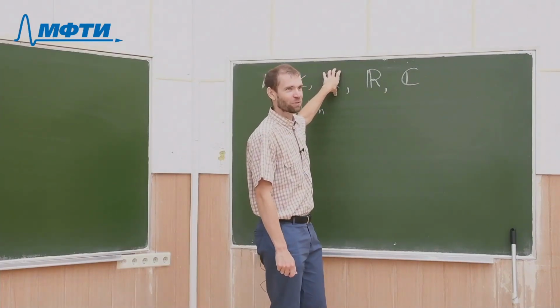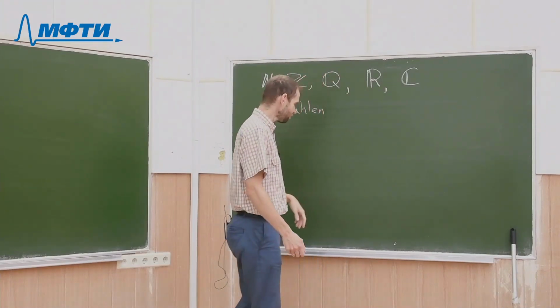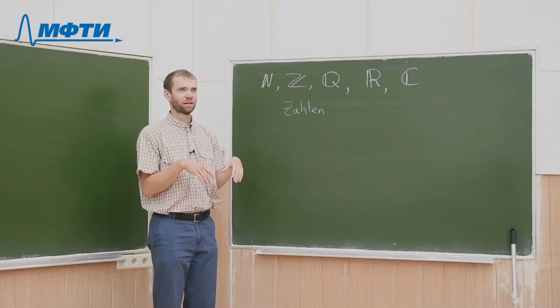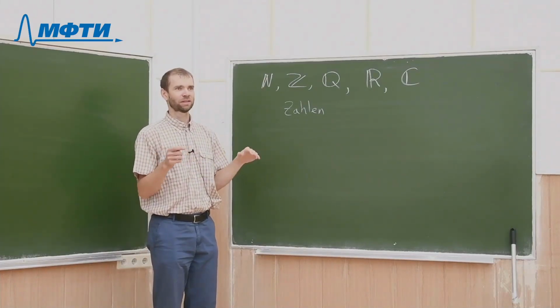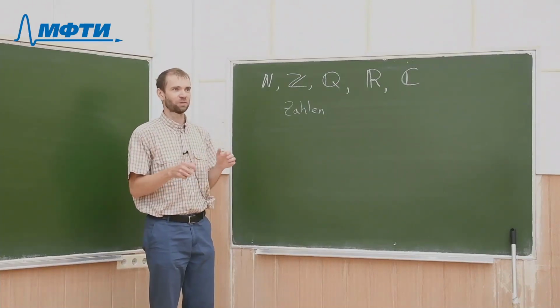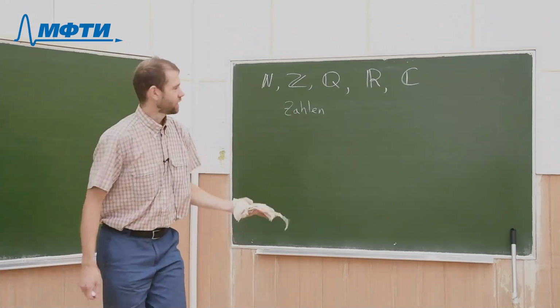So rational numbers, right? Reals and complex numbers. Perfect. So have you already studied complex numbers? No? Yes? Okay, just a little bit. So we just need a definition of complex numbers. We don't need a whole lots of things there. So these are number sets.